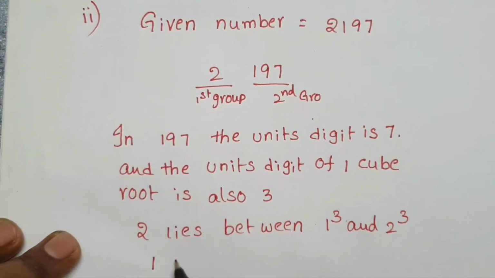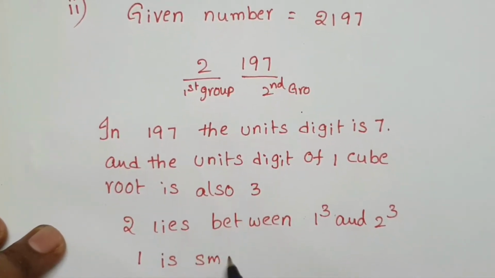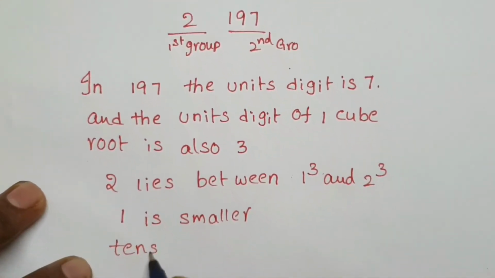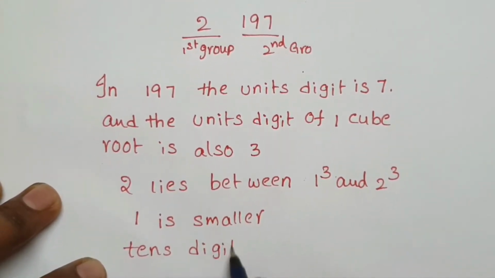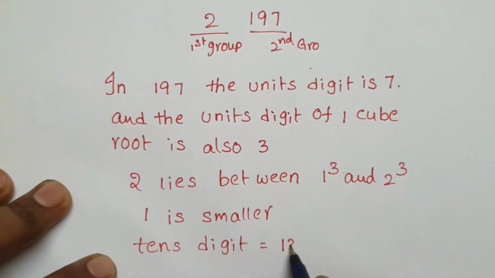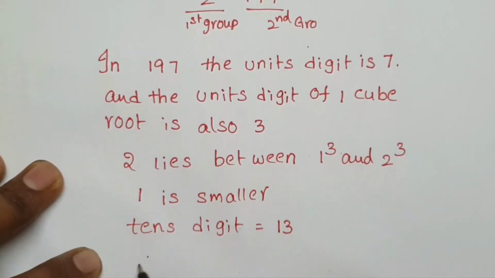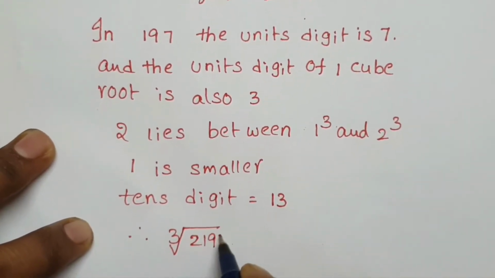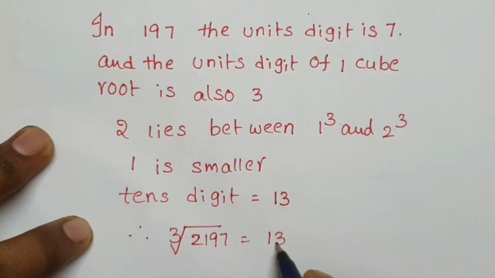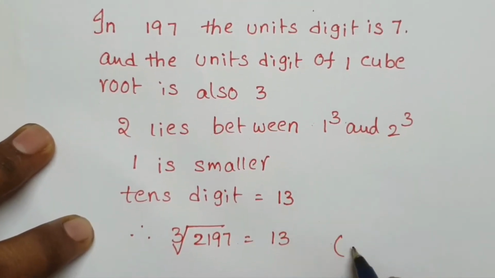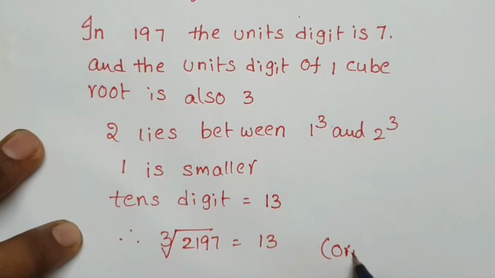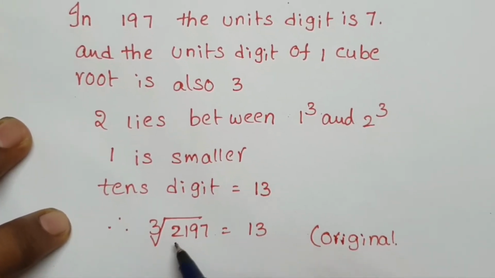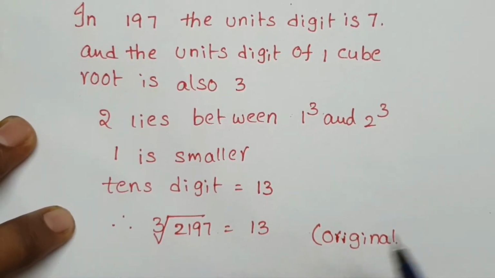In that, 1 is smaller, and the tens digit is 1, so the number is 13. Therefore the cube root of 2197 equals 13. This is not approximate, it is original: 13 cubed gives 2197.